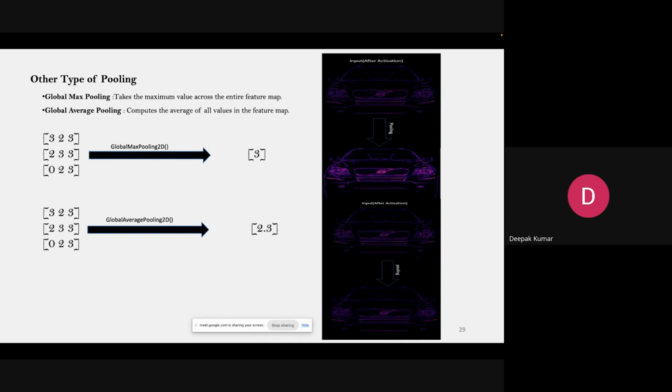In that case, sir, it would be just a point, correct? For global average, if we take the average of this 3 by 3 matrix, it would be 2.3. So this is just a diagram of how max pooling or average pooling works in that case, right?